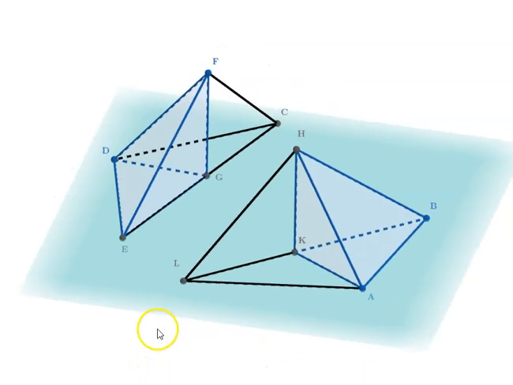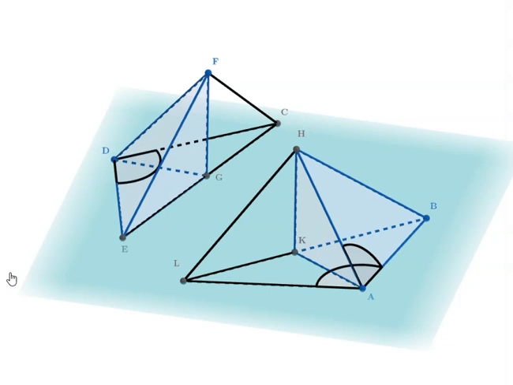Similarly, we can prove that angle HAL is equal to FDC, and angle BAL is equal to EDC. So which means that angle BAL is equal to EDC.